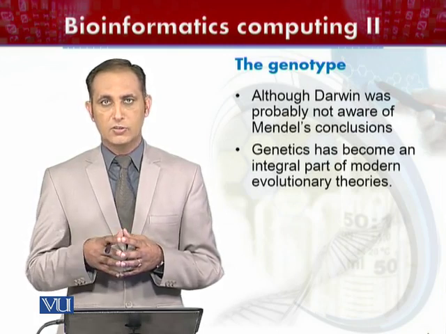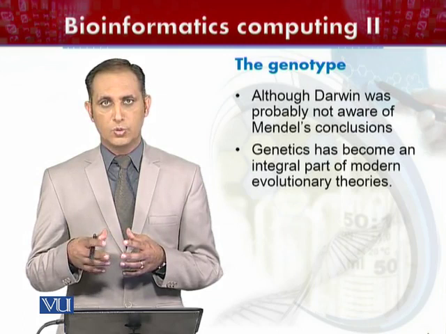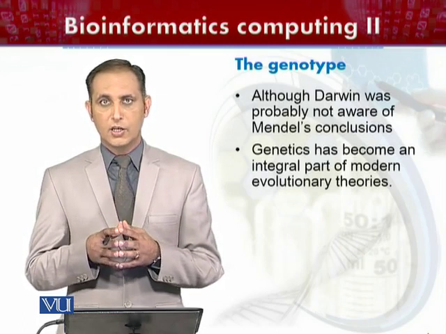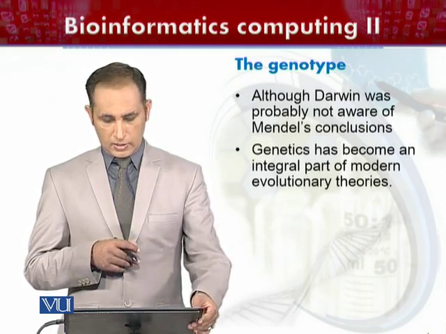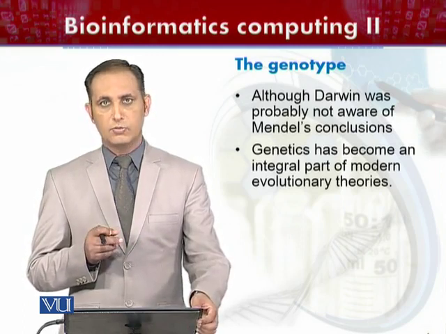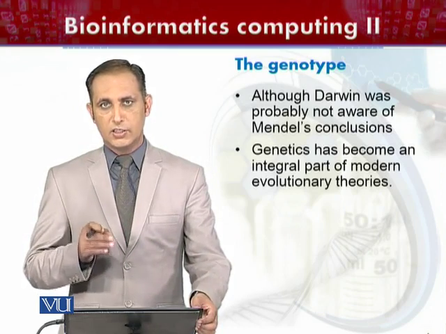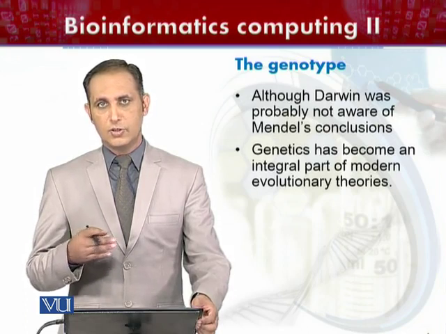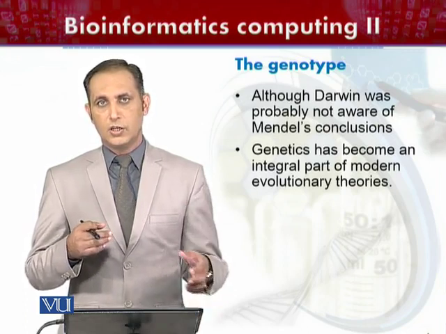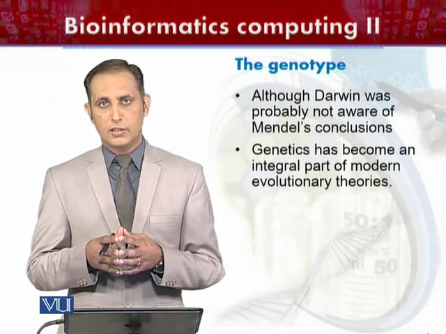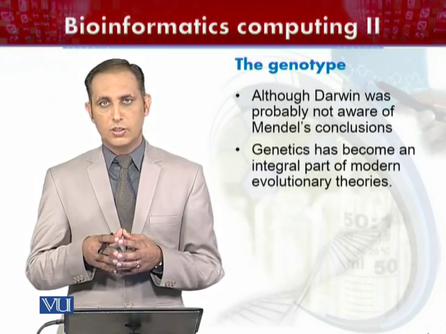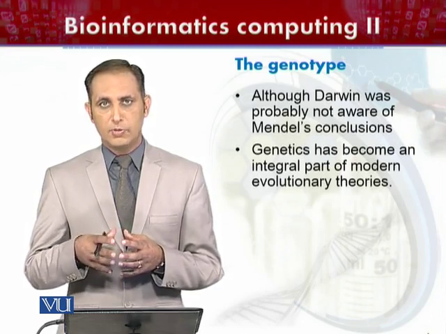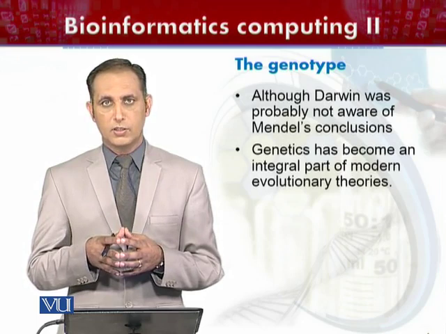They were relying on different parameters and aspects, including morphology, biogeography and some other characteristics. But these days, genetics has become an integral part of evolution, and genetics is providing clues to phylogenies. Today there is an established field of molecular phylogenies in which we deal with the phylogenetic, or evolutionary, relationships of organisms through genotyping, or the genetic makeup of individuals.